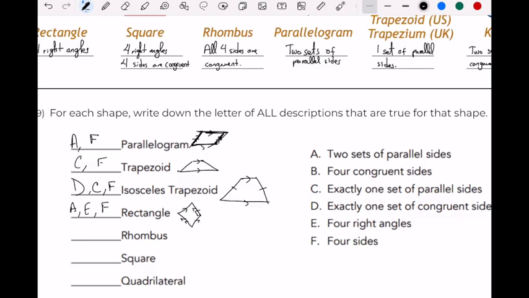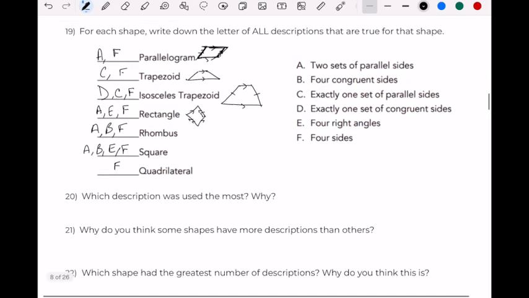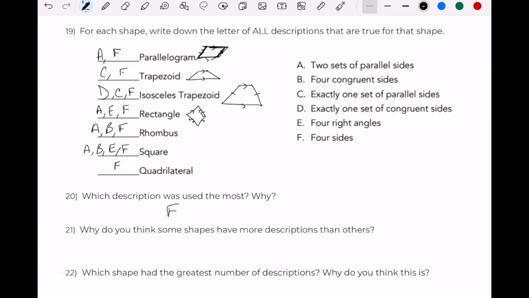If you look at a rhombus like a diamond in the sky, I do have two sets of parallel sides. I do have four congruent sides, and I have four sides. And a square has the exact same as a rhombus, plus four right angles. Excellent. And a quadrilateral only has F.